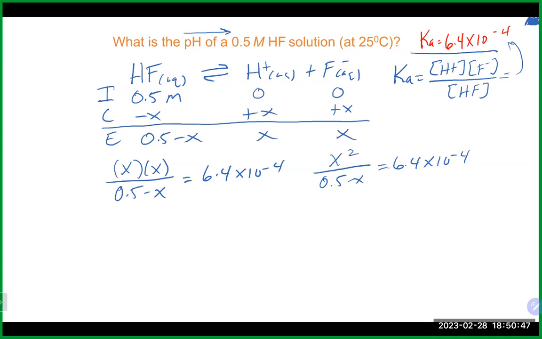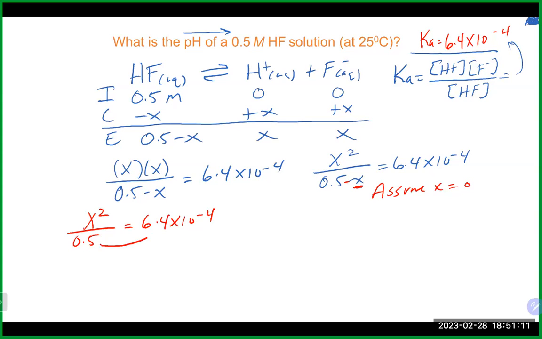That means I could go for my assumption here and assume that x is equal to 0 and hope for the best. So if I do that, remember, it really is in this case just this x here that we're going to get rid of. And that means that we would end up with x squared divided by 0.5 equals 6.4 times 10 to the minus 4.